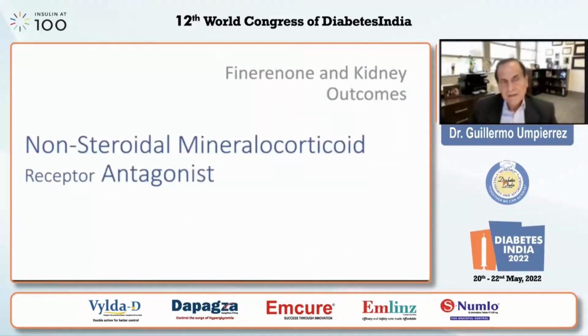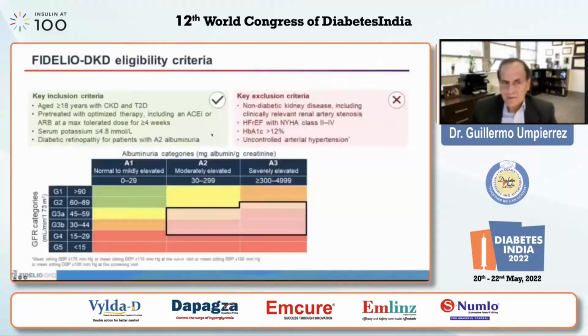So let me finish up with the mineralocorticoid receptor antagonists, the new kid on the block in protection of kidney disease. There are two papers that have been recently published in the New England Journal of Medicine, called FIDELIO and FIGARO. They used mineralocorticoid receptor antagonists compared to placebo.